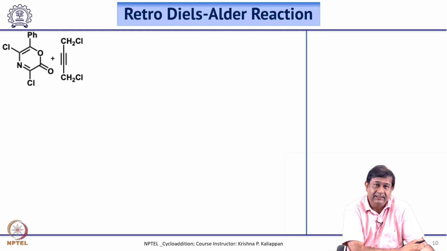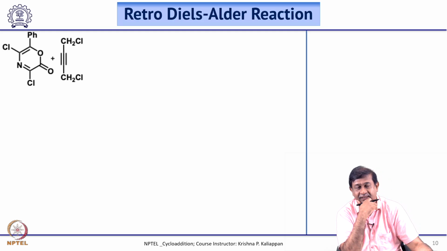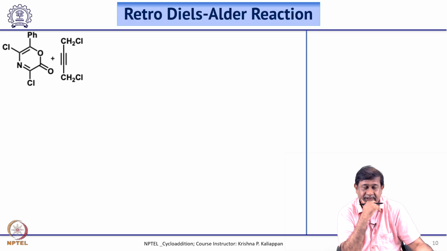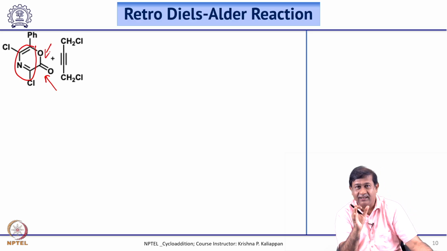What are the leaving groups? We saw acetonitrile, we saw benzonitrile, we saw nitrogen as a better leaving group during the retro Diels-Alder reaction. One can also use carbon dioxide. See, for example, if you look at this diene, this is the diene moiety and you have carbon dioxide. After the Diels-Alder reaction, for the retro Diels-Alder reaction, the stable carbon dioxide can undergo extrusion.